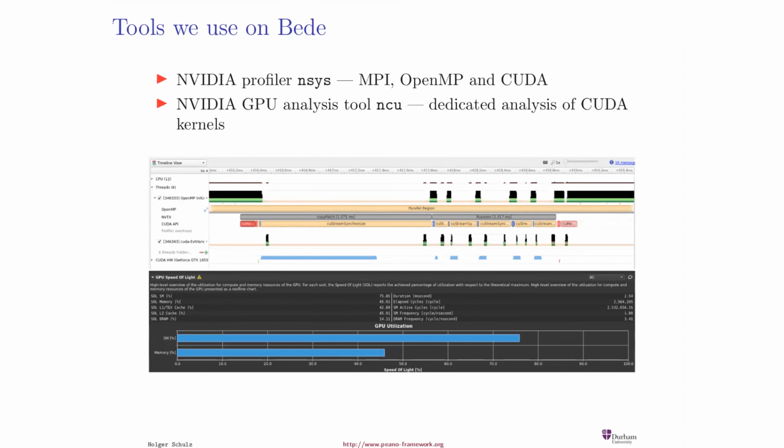Then finally, just a few words about some tools I found useful so other people might avoid some of the mistakes we initially made. So available on the system is a range of Nvidia tools, and we find that the Nvidia profiler that comes with Nsight Systems is extremely useful. It allows you to get MPI traces, OpenMP traces, and CUDA traces.